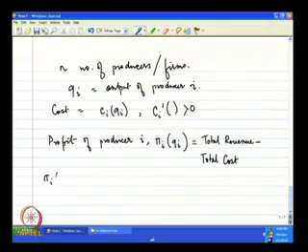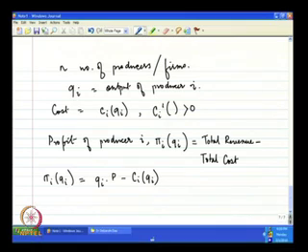So what is total revenue? Total revenue is the quantity I am selling, which is Qi, multiplied by the price that I am getting per unit, which is P. So this is the total amount of money I am getting by selling my goods in the market, minus Ci(Qi). This is the total cost that I incur to produce Qi level of output.